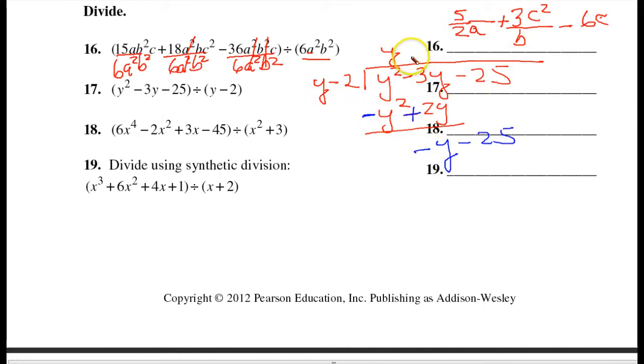Y goes into there a negative 1 times. And then y times negative 1 is a negative y. A negative 2 times a negative 1 is a positive 2. And the rule is you change the signs and add. So these cancel out and you end up with a remainder of negative 27.